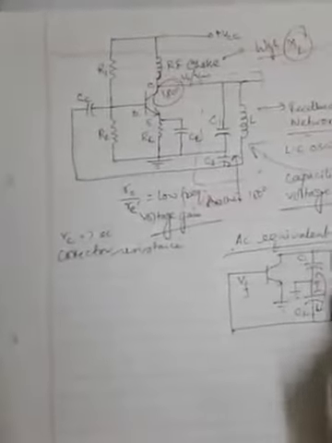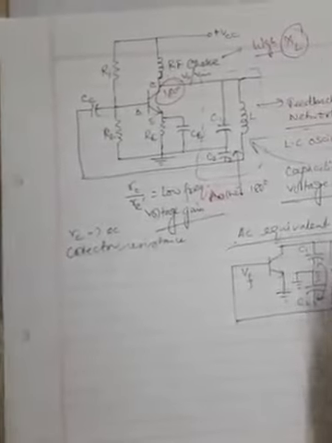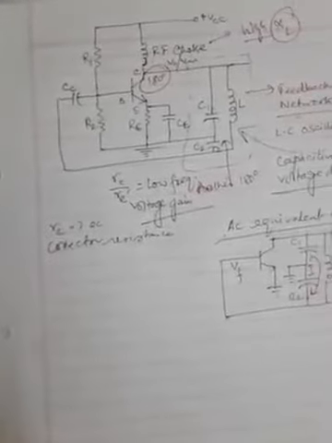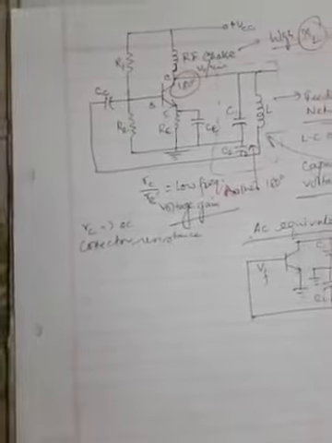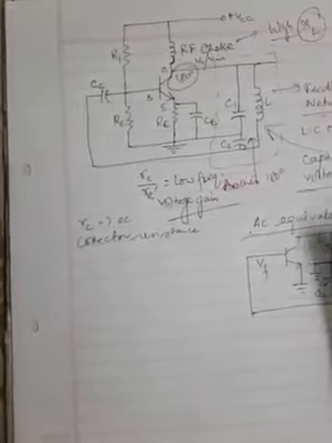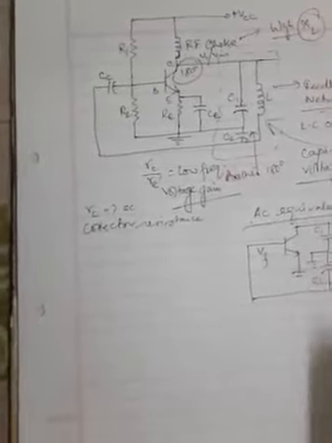If we analyze this circuit, VO is nothing but the AC voltage across C1, because VO is measured with respect to ground and C1 is connected immediately to ground.